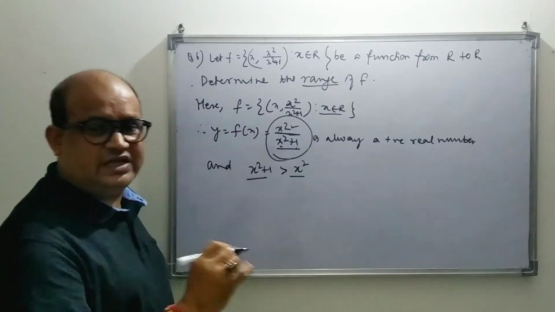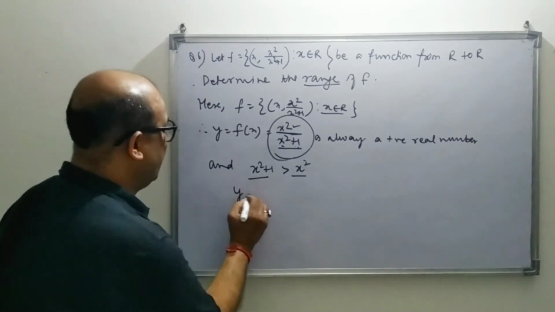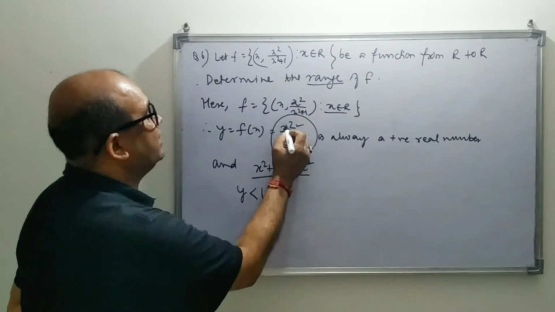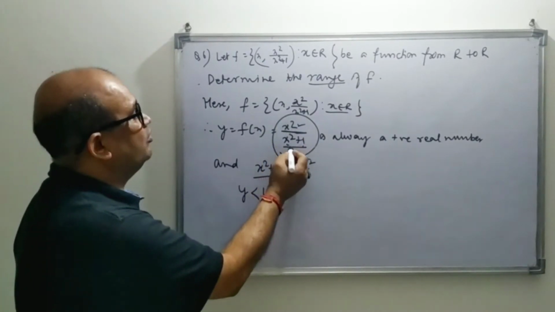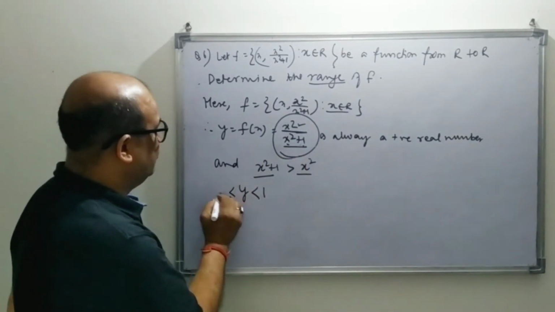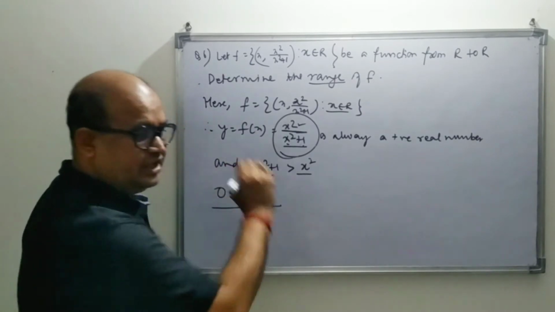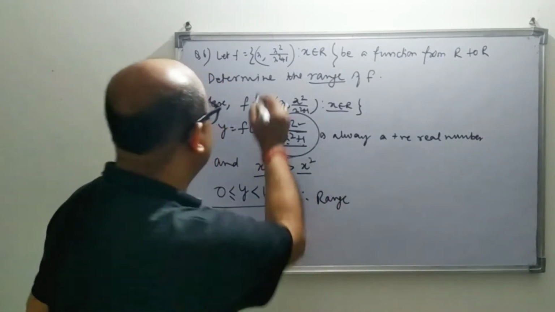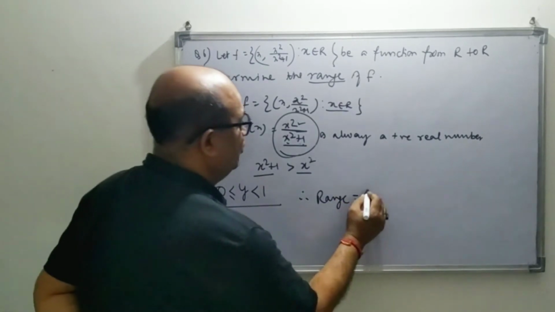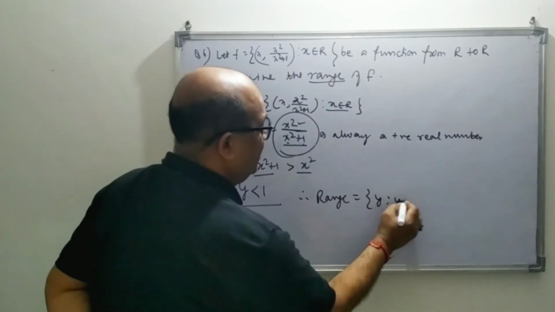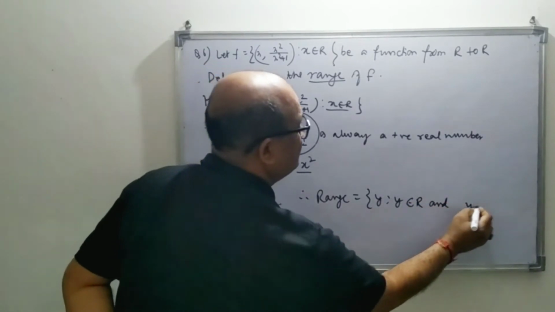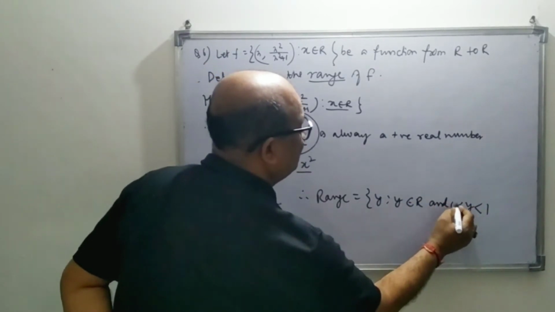If the denominator is greater than the numerator, that means y is less than 1. But it can be 0 if x is 0, because then it is 0 by 1, which is 0. That is your range. Therefore, the range is y such that y belongs to R and 0 less than or equal to y less than 1.